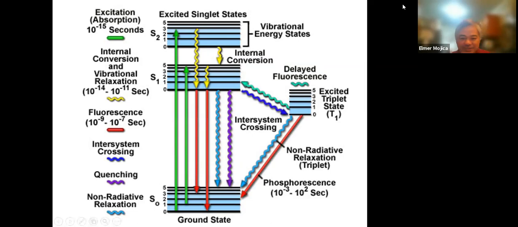Anyone know what we call these reactions that are happening? Are you familiar with this? Jablonski diagram. Is it the first time for you to hear that term?